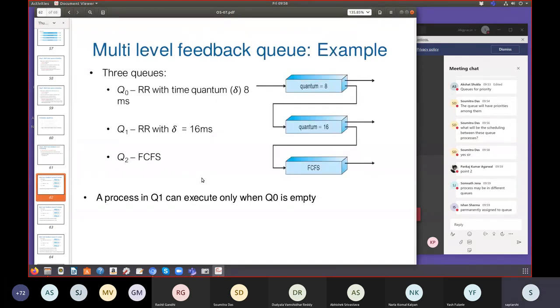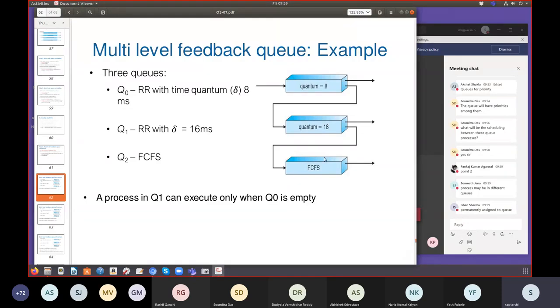Just to say, this is an illustrative picture. I'm not claiming this exactly happens in OS. But let's say we have three queues. The first queue does round robin scheduling with time quantum 8 milliseconds. The second queue, Q1, also does round robin scheduling with time quantum 16 milliseconds.